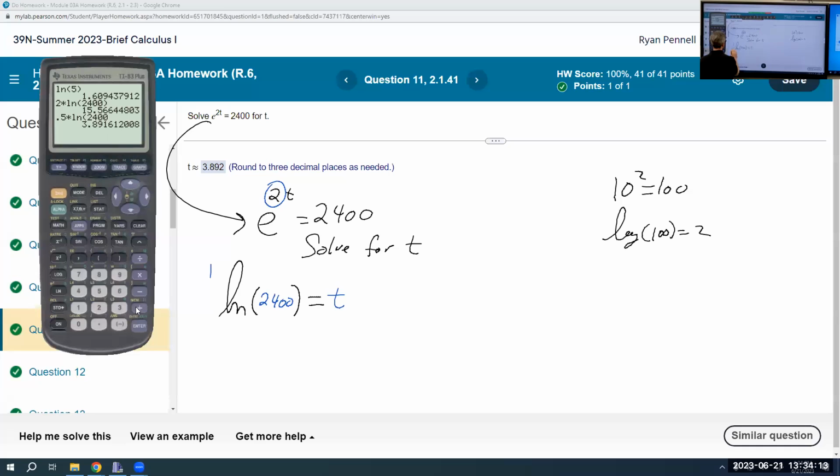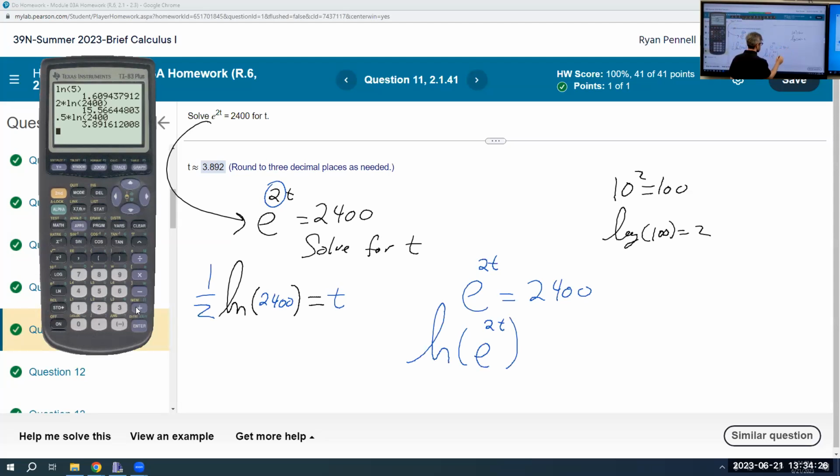Why is it 1/2? e to the 2t equals 2400. We take the natural logarithm of both sides.